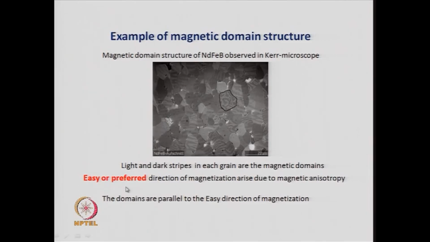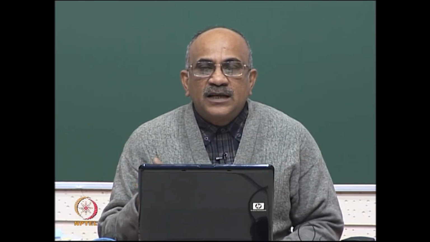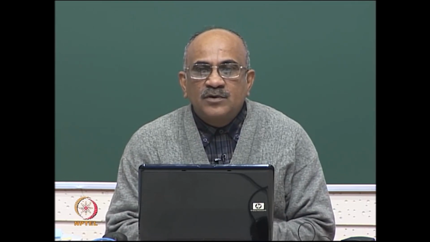There will be directions in which, if the magnetic dipole has to align, it has to spend a lot of energy, so those are difficult directions. So, there are easy directions of magnetization and difficult directions where more energy has to be given for the magnetic dipoles to align, and hence this is called magnetic anisotropy.